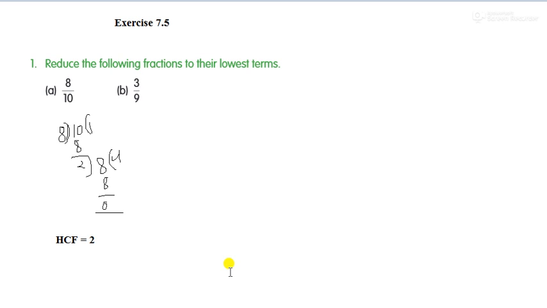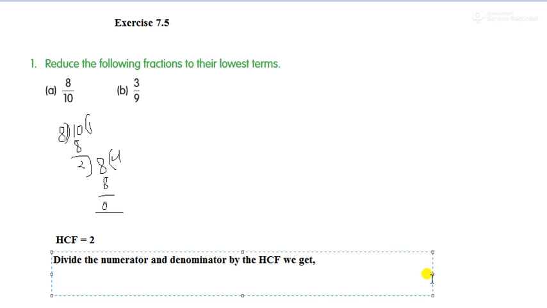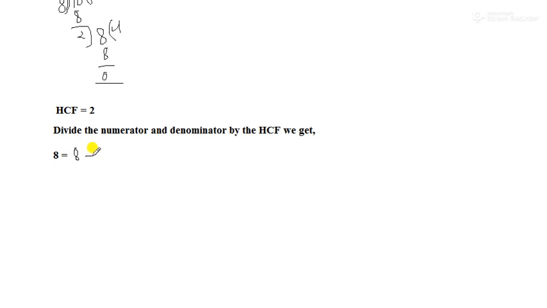Now dividing the numerator and denominator by the HCF, we get 8 equals 8 divided by 2 equals 4.